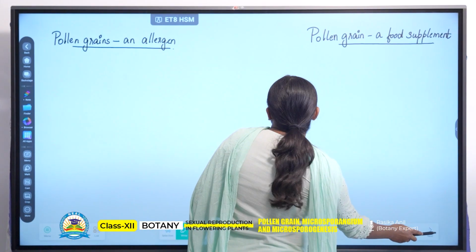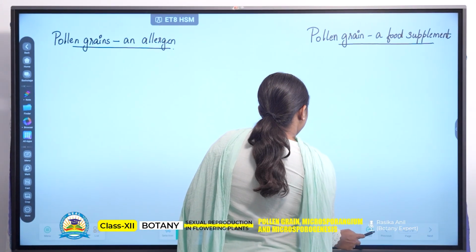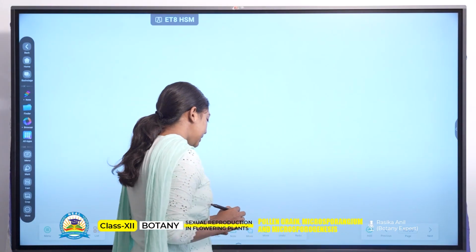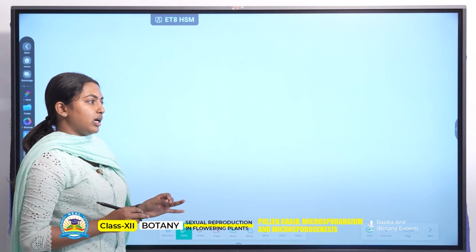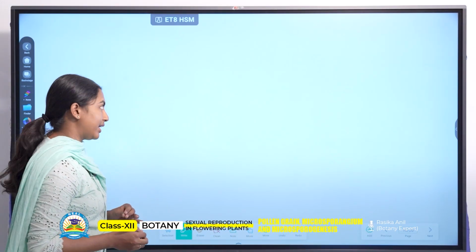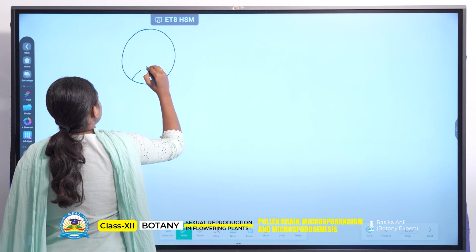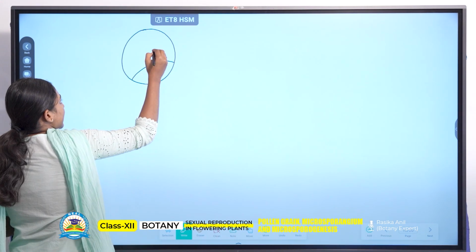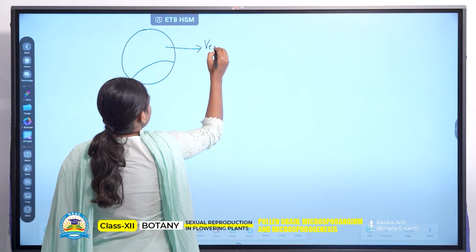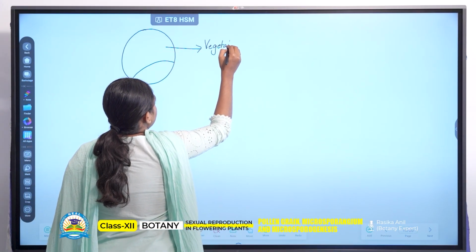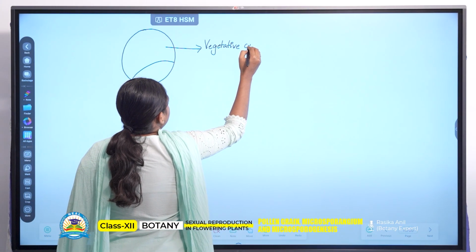Now, next, let's see about the pollen grain. How does it look? How many cells does it have? Actually, the pollen grain has two cells. It has a bigger cell, which is called the vegetative cell, right?